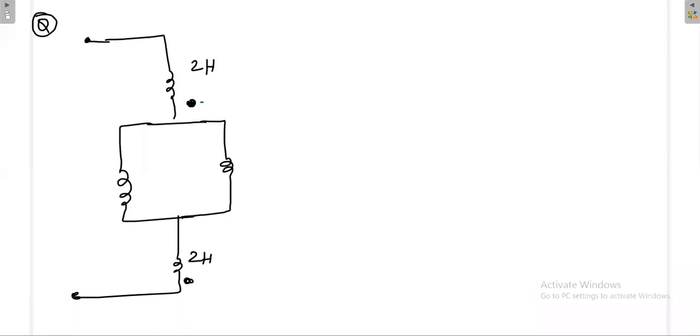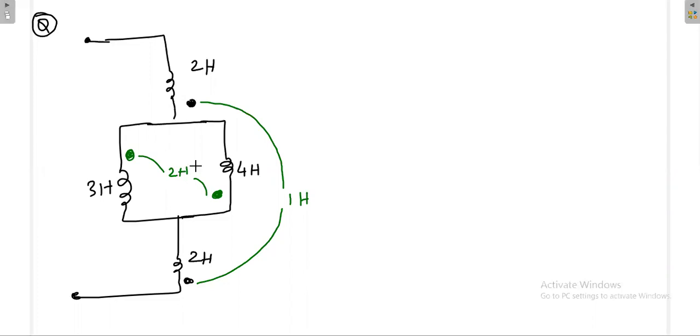This dot and this dot are related with the 1 Henry, and here another dot is there. This is related by 2 Henry. This value is 3 Henry. This is 4 Henry. Now what is the value?